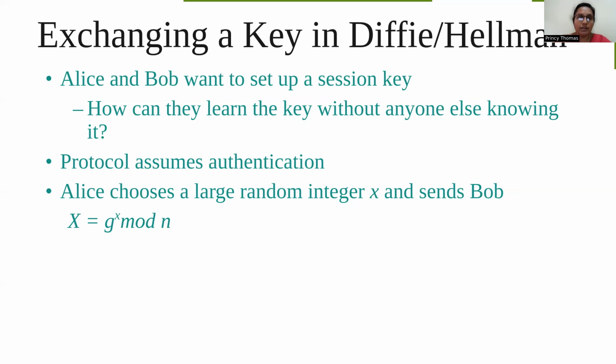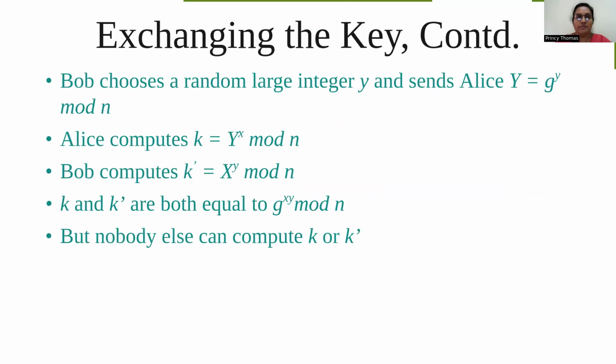She then calculates g raised to x mod n, since g and n are already known, and sends this value X to Bob. Bob does the same thing: he chooses another large random integer y, and sends g raised to y mod n to Alice.